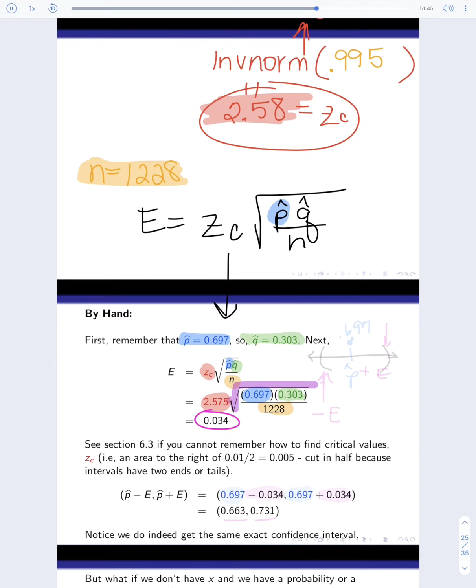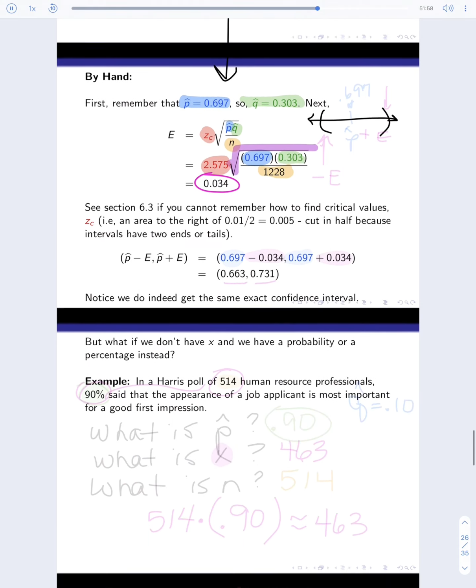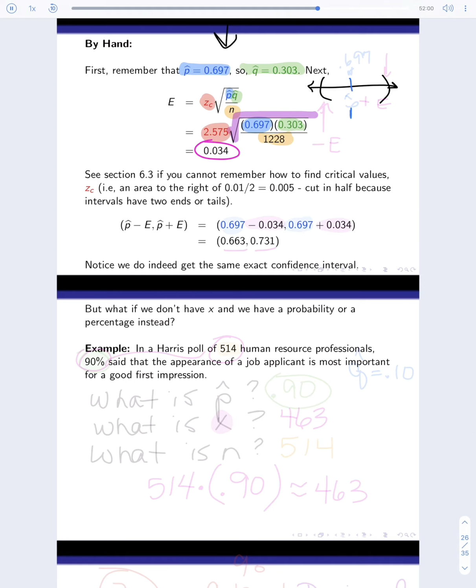Okay, what do you do with your 0.034? Well, remember how the confidence intervals are set up with these p-hats: the p-hat goes in the middle. That means your 0.697 goes in the middle, and then you'd be adding the error.